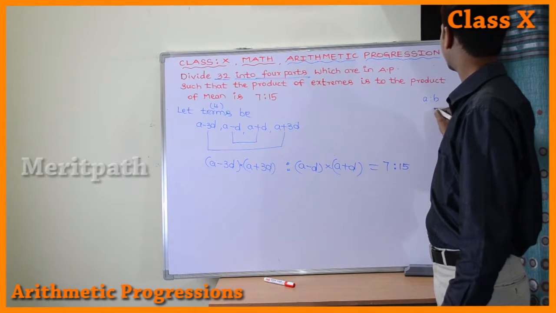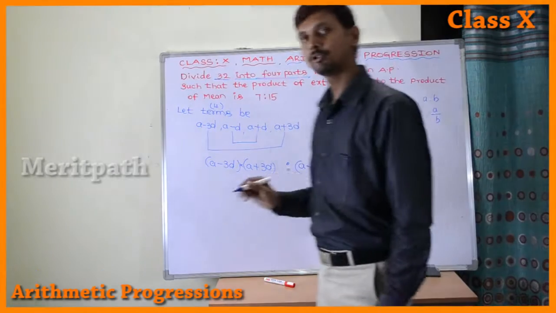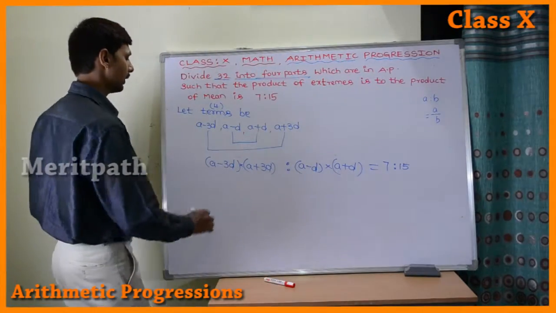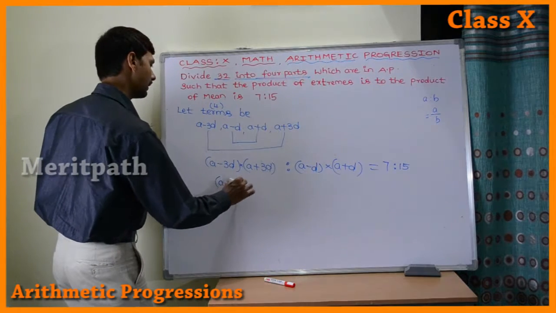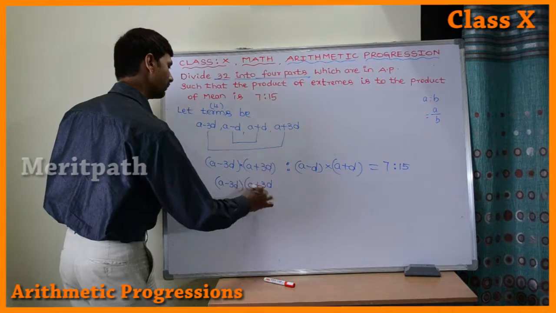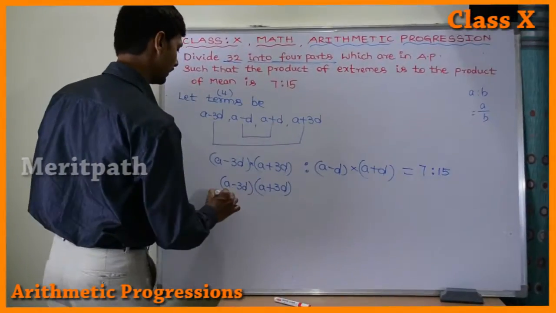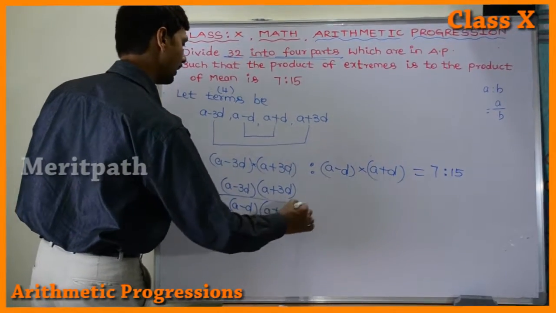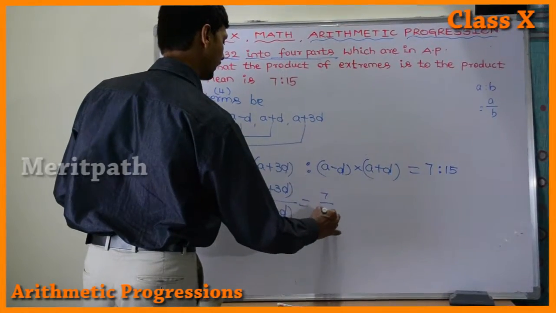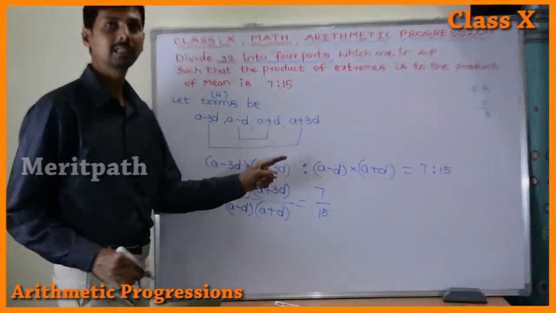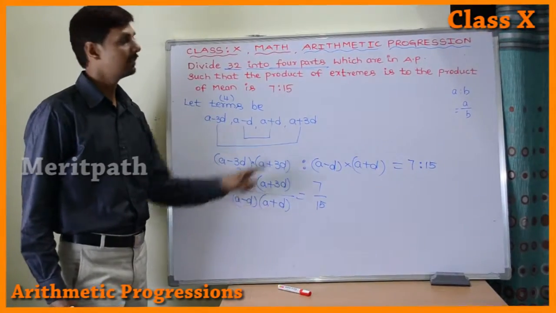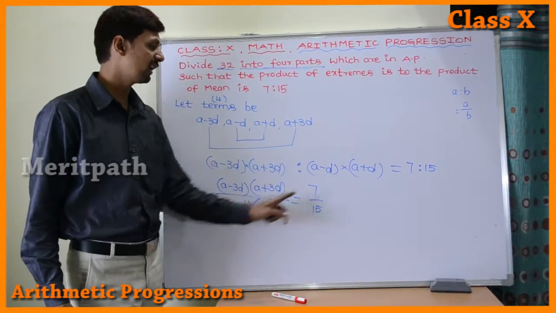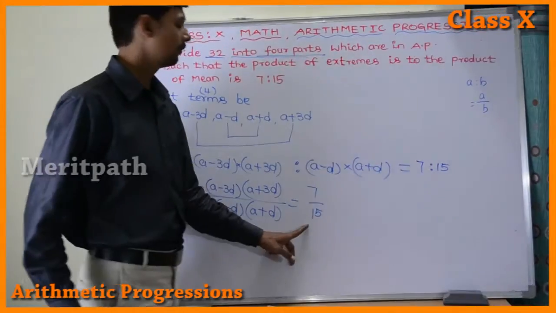A is to B can be written as A by B. So here, a minus 3d into a plus 3d, divided by a minus d into a plus d, equals 7 by 15. So we have written it in division form.